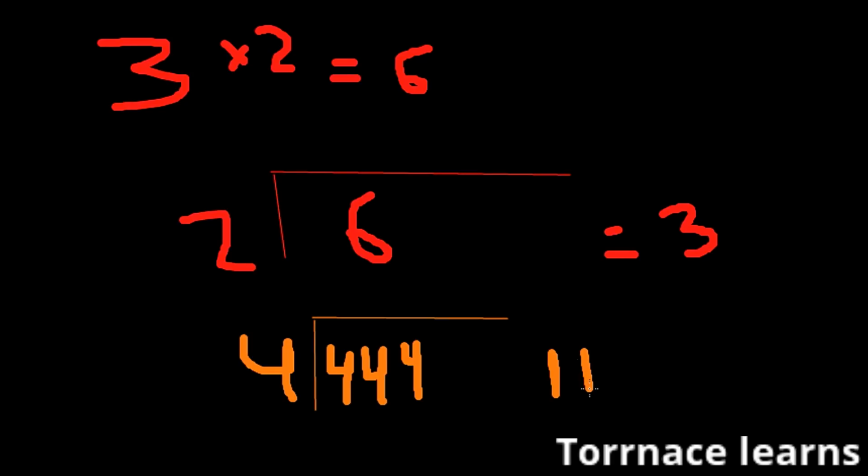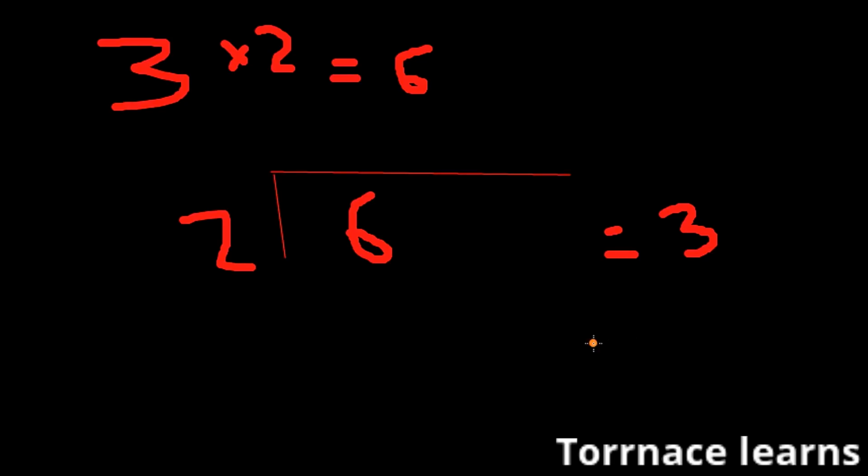Now we have another 1, and 4 times 1 also equals 4. So this is 4 times 111 equals 444. I know I just jumped to a big example, but that's the only way to show you, because with small numbers it's really not as expressed.